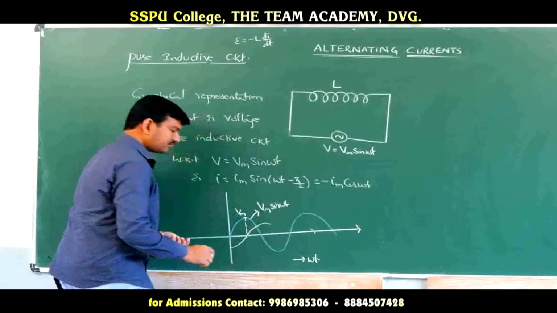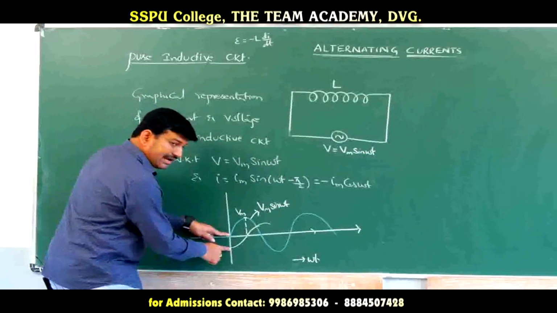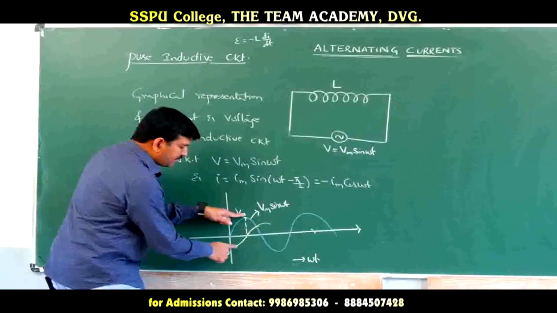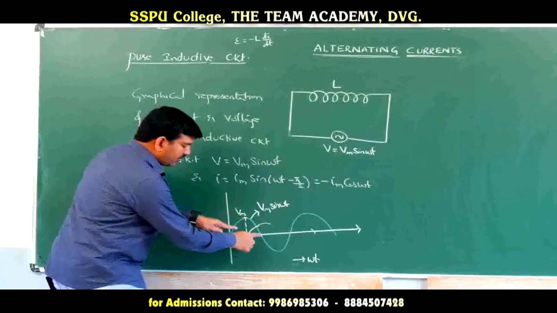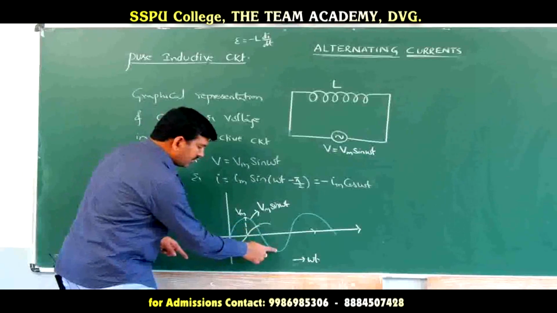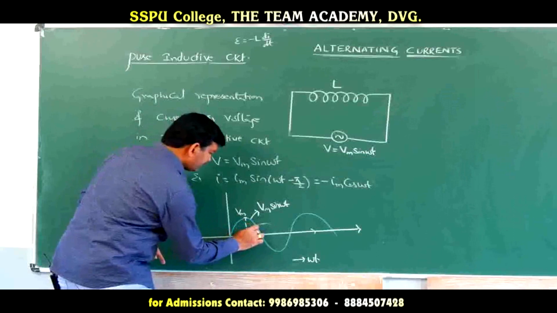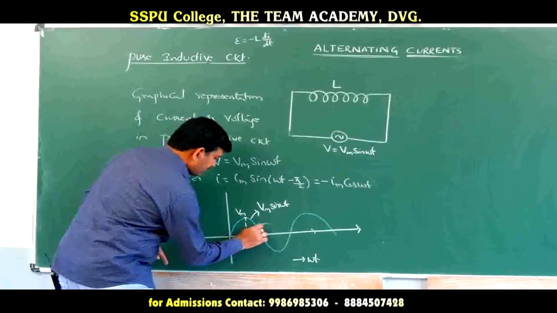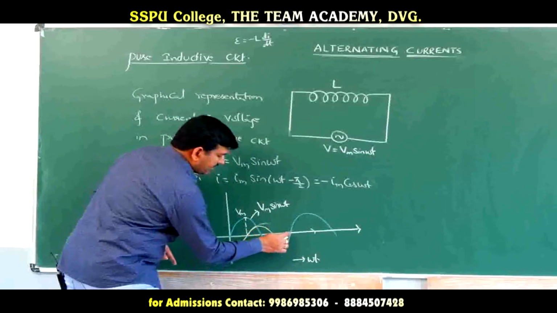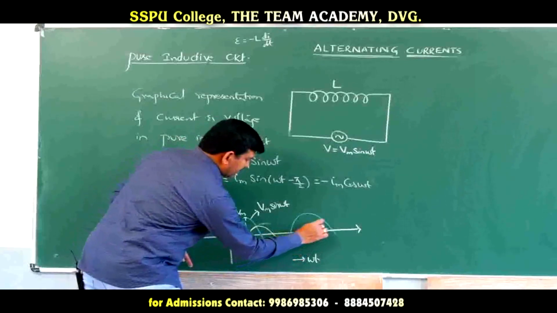Is it clear or not? So here 0, it is negative maximum, maximum 0, 0 positive maximum should be there, and then you should have the 0 value here like this. And again, this is 0, negative maximum should be there. So like this it is varying.